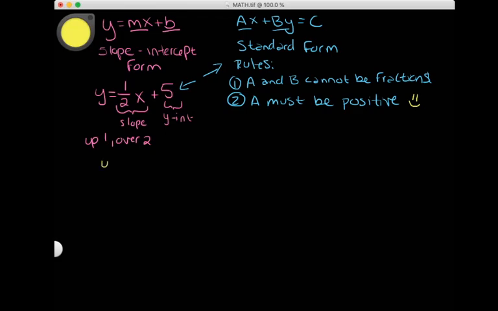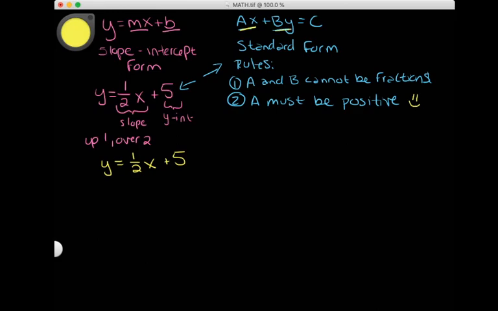If we have y equals 1 over 2x plus 5, what I want to do is move this 1 over 2x term over to the other side, because my x and my y have to be on the left side. We know that from our form up here.